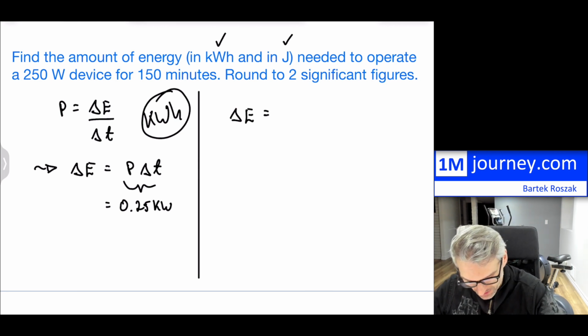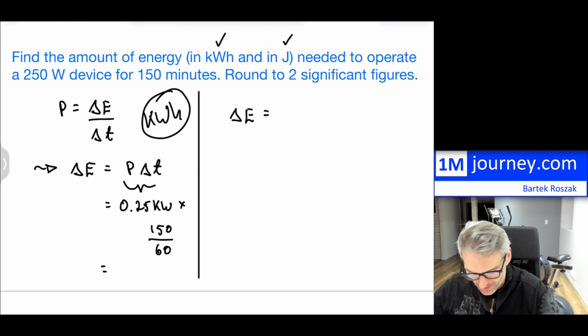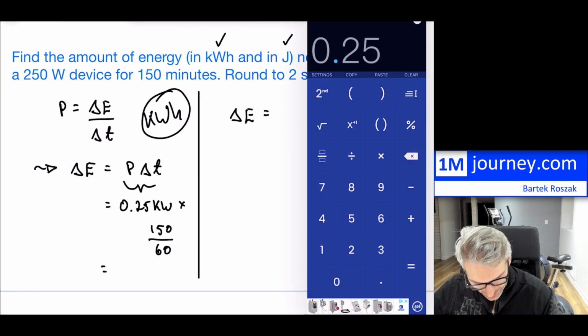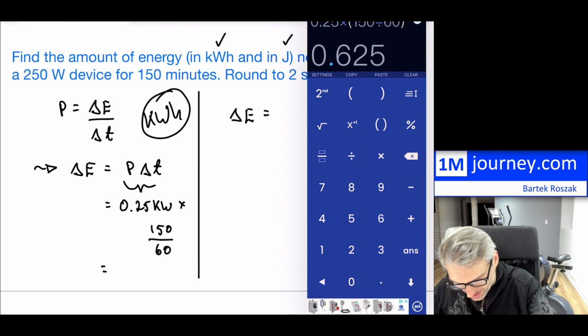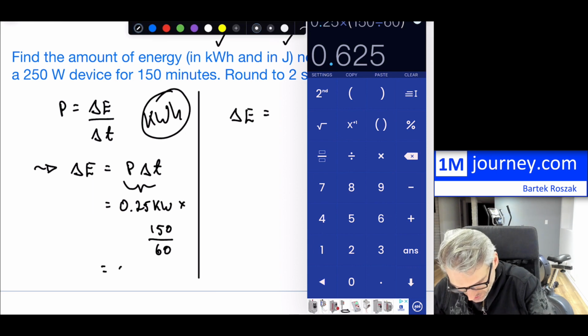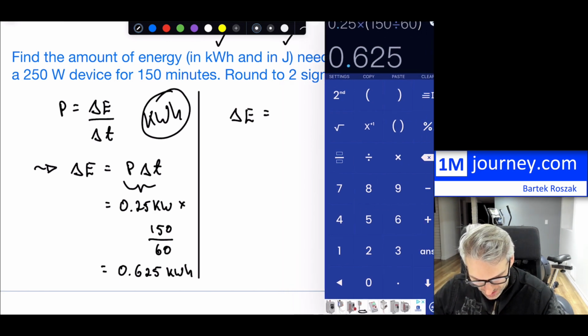So 150 minutes, this is going to be multiplied by 150 minutes divided by 60 minutes per hour. It's going to give you exactly what you want. So 0.25 multiplied by 150 divided by 60. So that's not going to be too big in here. So 0.625 kilowatt hours. I'll come back to the rounding in just a moment.